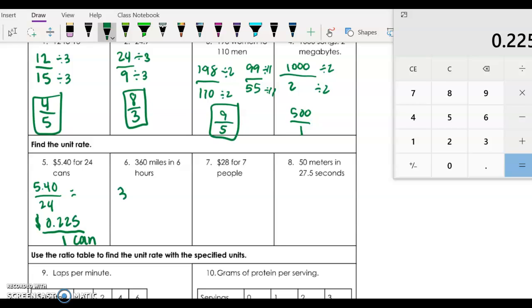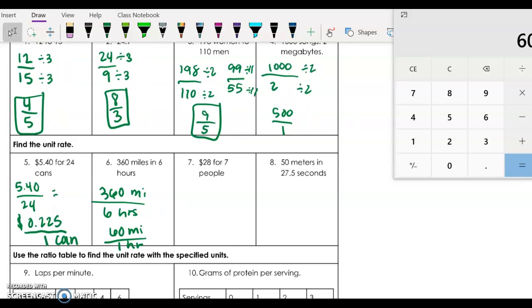All right, so we have 360 miles in 6 hours. So 360 divided by 6 is 60 miles in 1 hour.